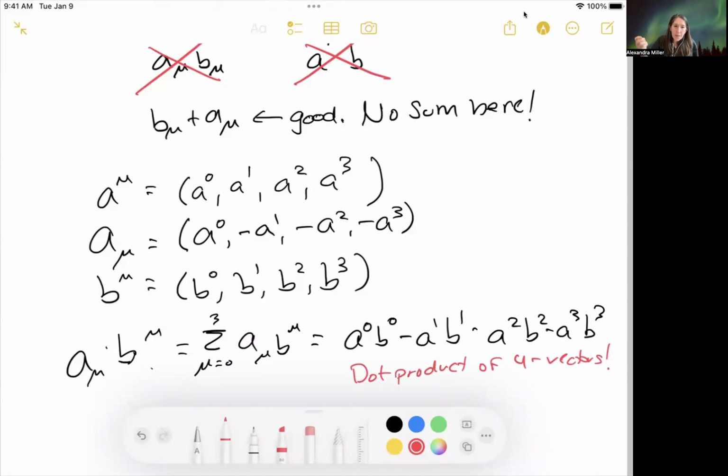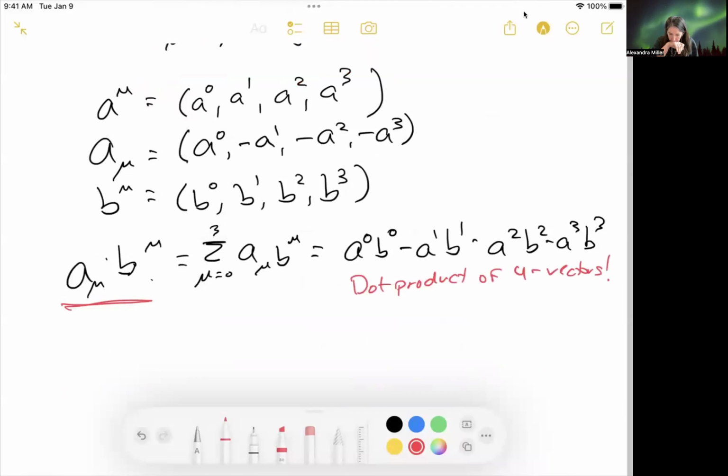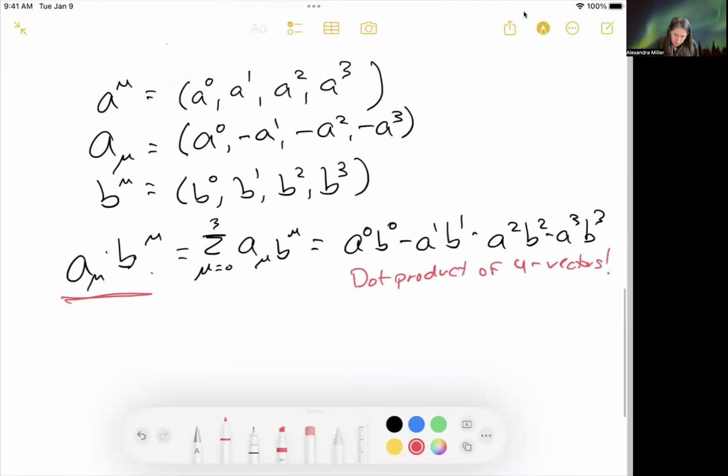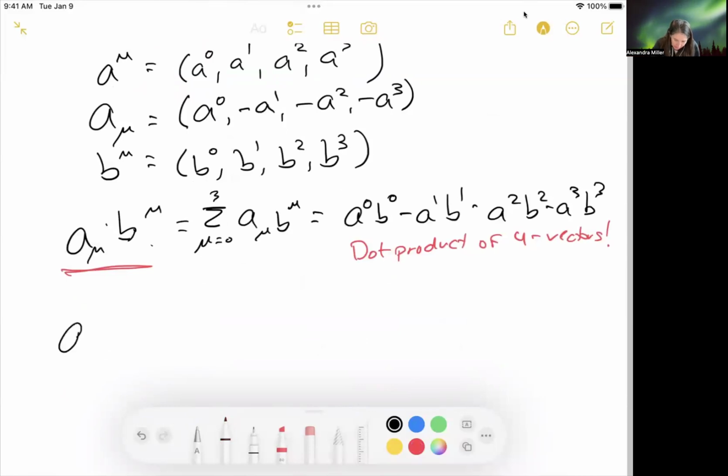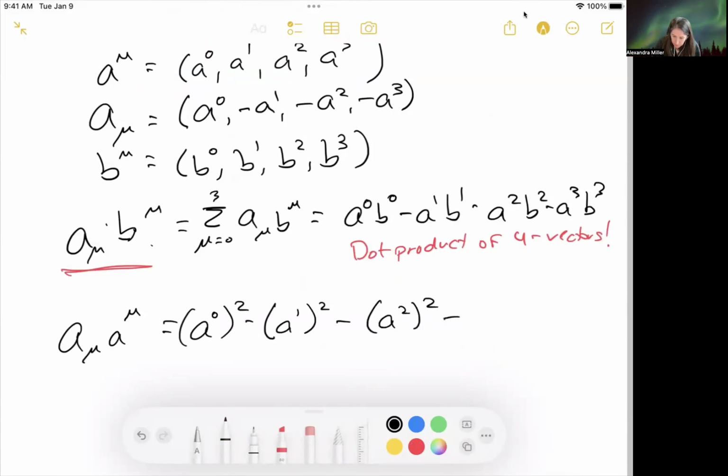All right, so this is where I'm saying keeping track of our upstairs versus downstairs indices and using Einstein summation is a nice way of writing out this dot product that we defined previously. Now we can just write this and we know that that's what we mean. And of course we could do things like A mu dotted with itself, and this is A0 squared minus A1 squared minus A2 squared minus A3 squared.